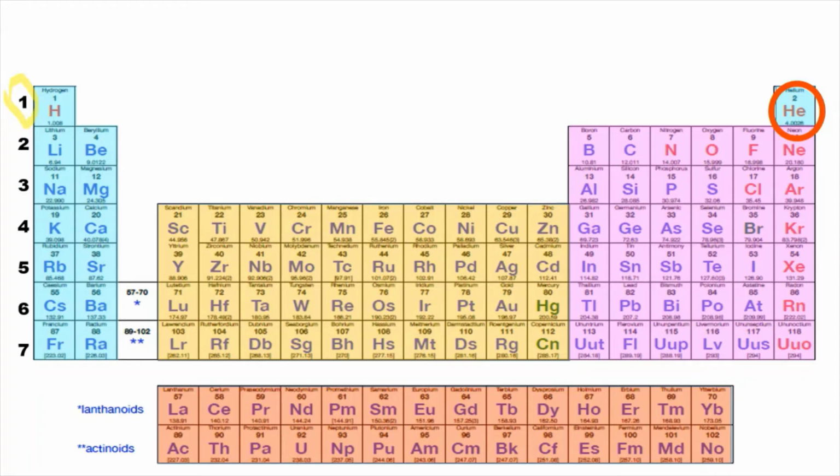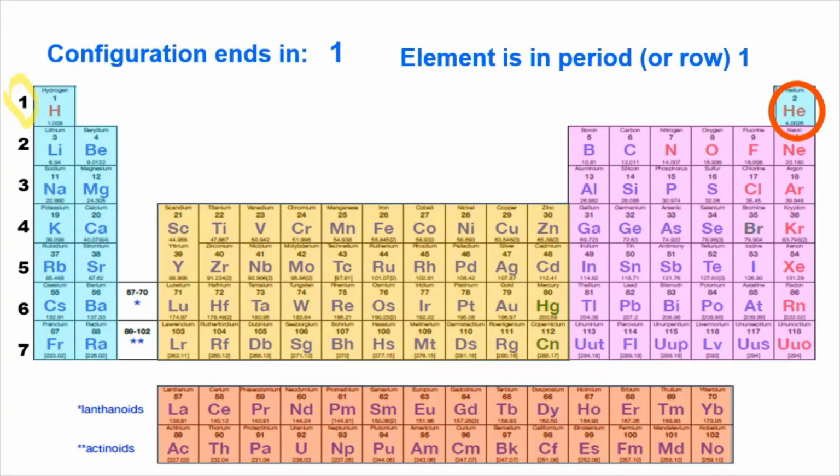So if it's in the first row, its electron configuration should end with the first energy level. Then we take a look at what block it's in, and helium is colored in blue, which means it is part of this block right here, which we should remember is the s block. So that tells us that the configuration should also end with an s.